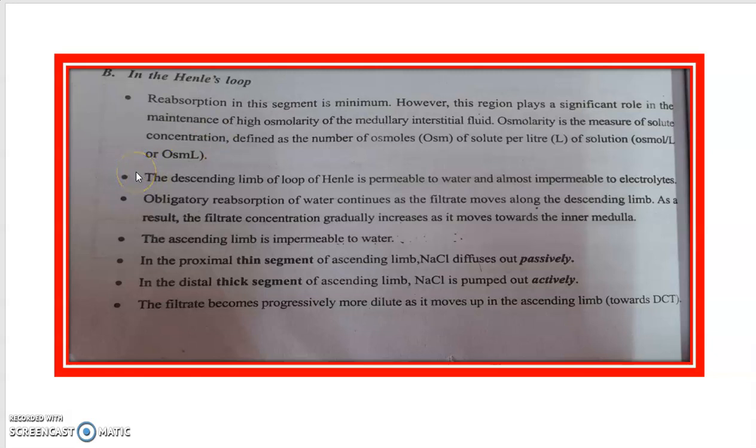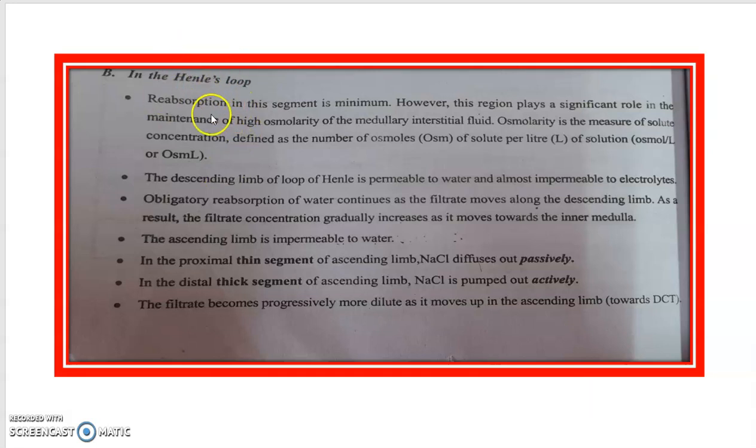Our normal body fluid osmolarity is, what is meant by osmolarity? The amount of solute present in our body fluid, that is called osmolarity. For example, if you take 100 ml of water and put some salt or sugar, that water has some osmolarity. Sugar or salt is a solute, and how much of that solute is present in that fluid is called the osmolarity of that fluid.